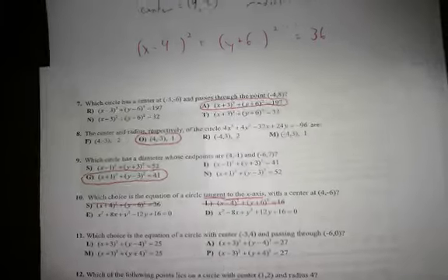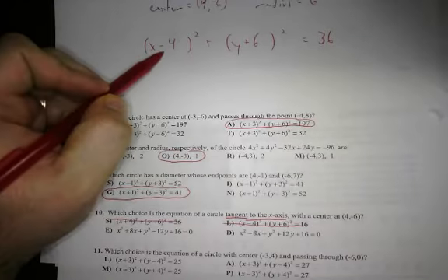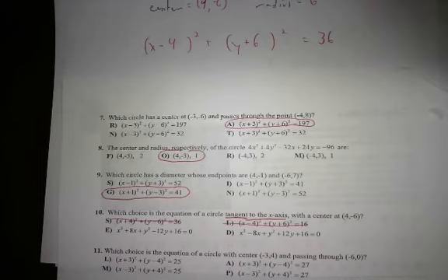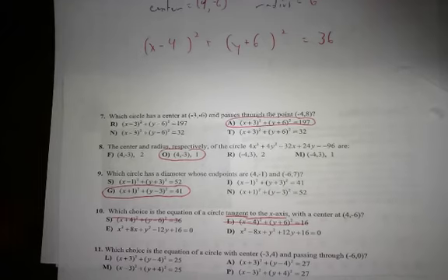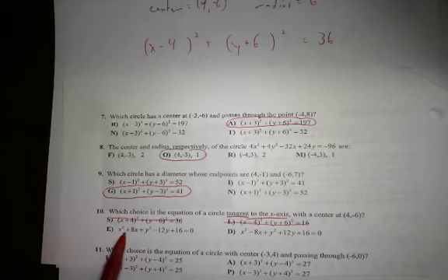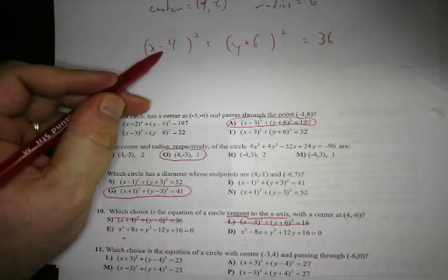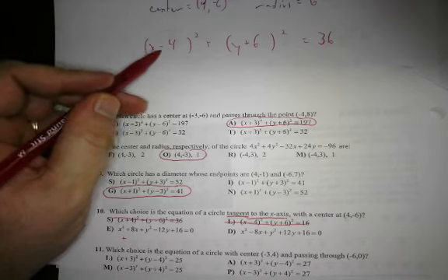All right, now the issue is E and D aren't written in standard form. So there's a little more work that has to be done. But I think we can shorten up the work a little bit, because you see how this term is negative and this term is positive? That might lead us to the right answer and help us save a little bit of time. You see how the x terms are both positive?